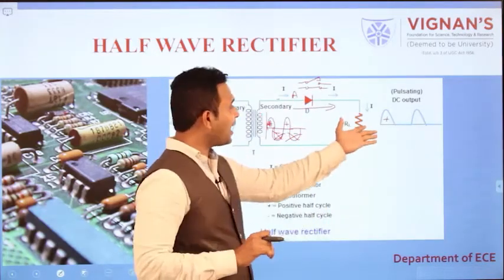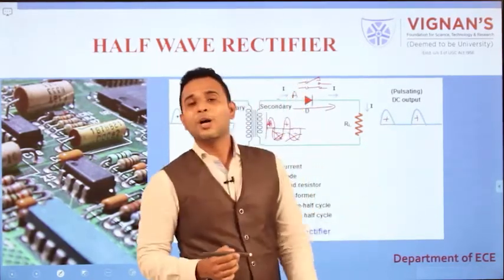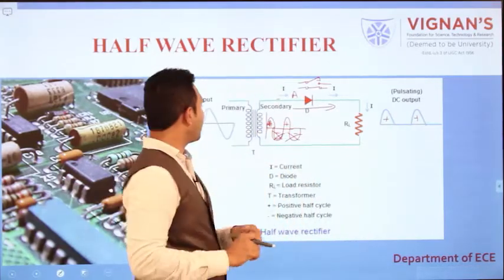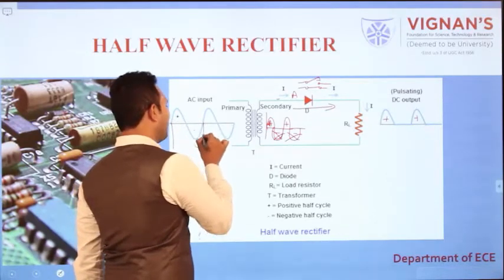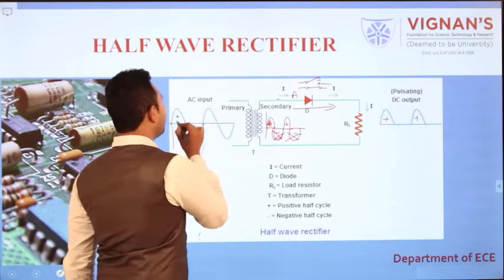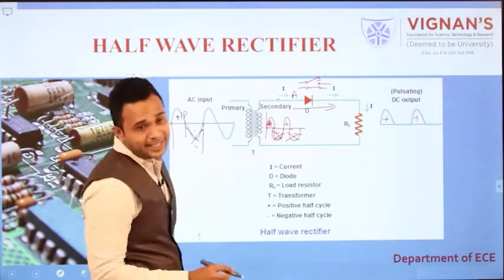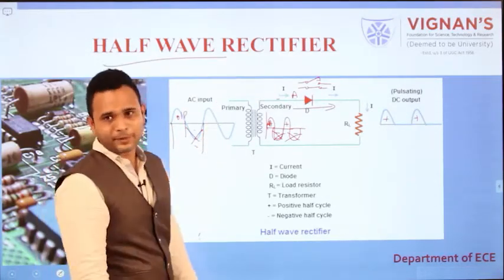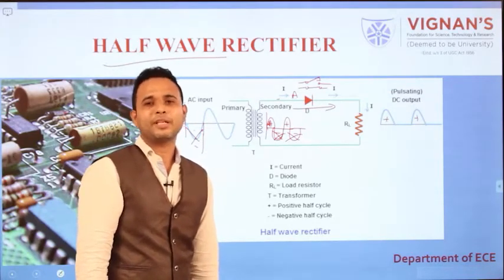At the output side we are getting only positive pulses, and that too only half of the pulse. One full sine wave is one complete cycle; in a full sine wave, half of the pulse comes at the output side and half is suppressed. That's why this rectifier is named the half wave rectifier. So this is the basic operation of the half wave rectifier, right?